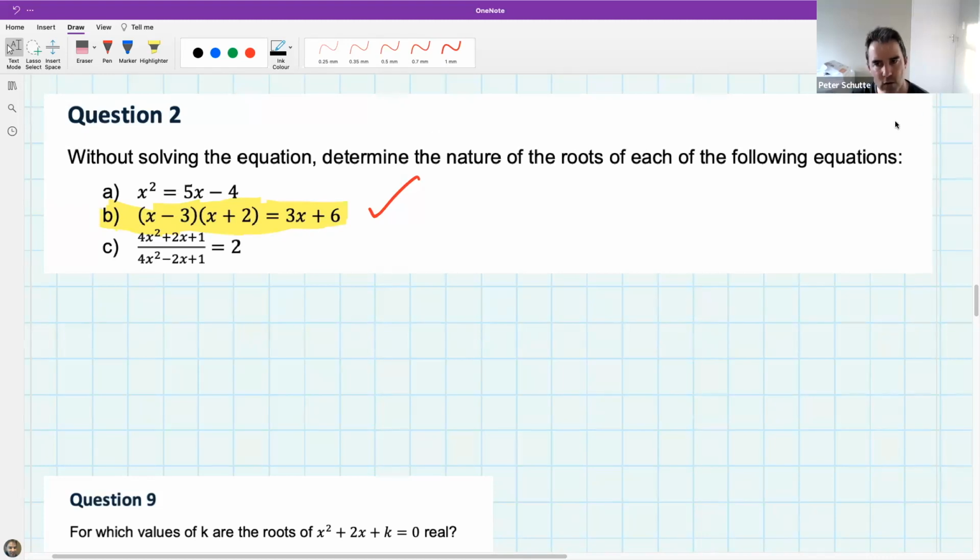What would you do first? Hello, sir. So I would multiply into the brackets on the left. Totally. And I see Mbali and Danya agree. So I think what we need to do is multiply these brackets out and then go from there. So I'll give a bit more time. Thanks for that.